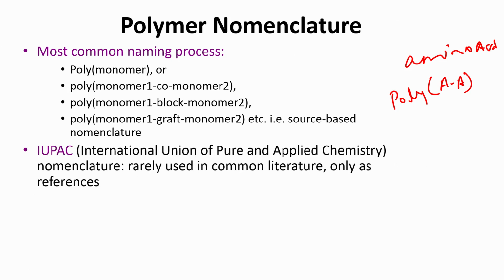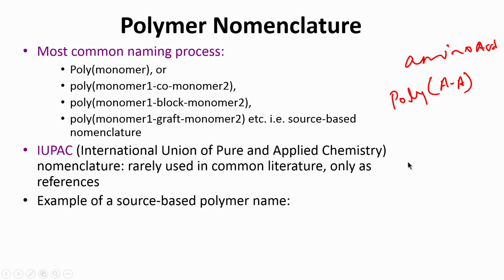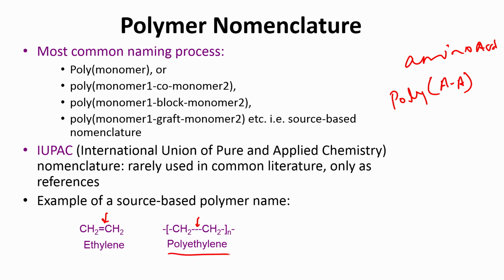Most of you must be aware of the IUPAC system, which is an international way to name a chemical structure. These things are rarely used for polymers, they are only used for monomers. Just to give you an example, you can have ethylene, which is CH2 double bond CH2. However, once it is polymerized, this double bond is converted to a single bond, and so technically it is not really ethylene anymore, but it is still called polyethylene because the original monomer had ethylene in it.